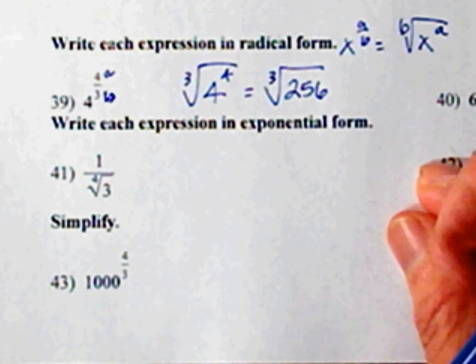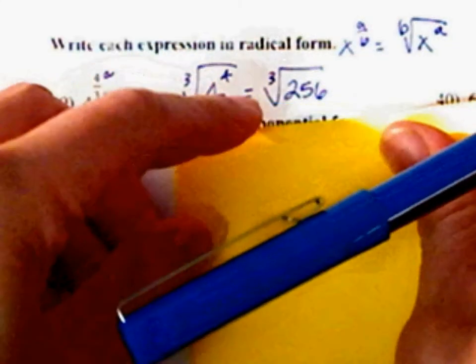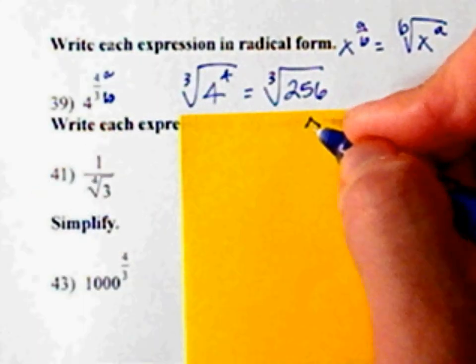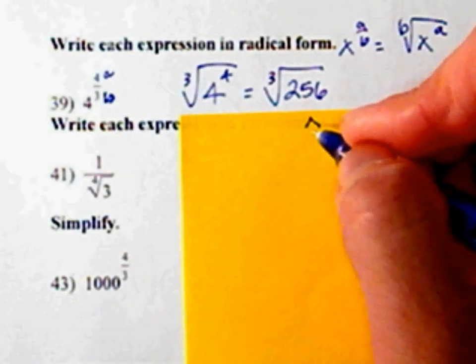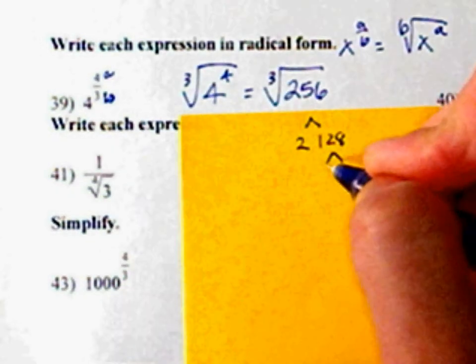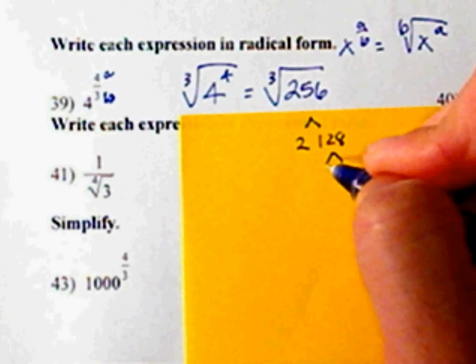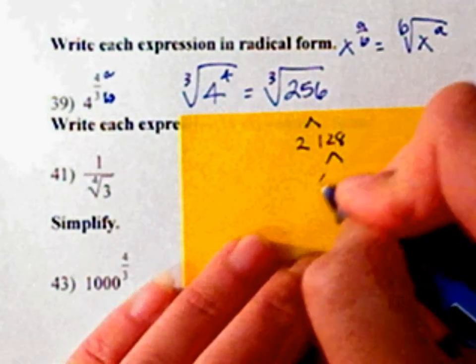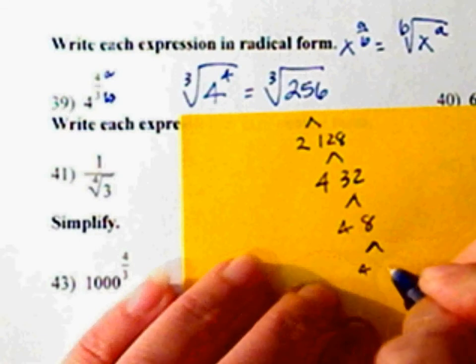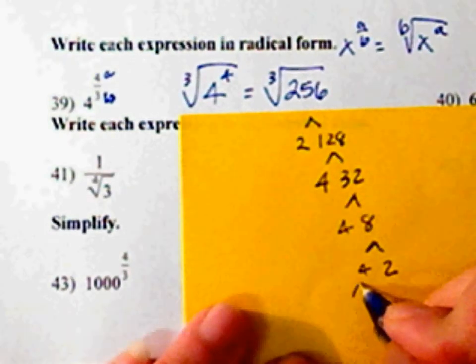Alrighty, so we need to break it down. Factors of 256. Divided by 2, let's try that. 2 and 128. Divided by 4. 4 and 32. 4 and 8. 4 and 2, okay? 2 and 2, 2 and 2, 2 and 2.